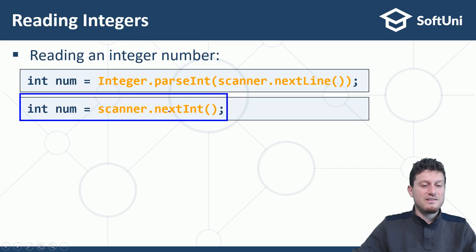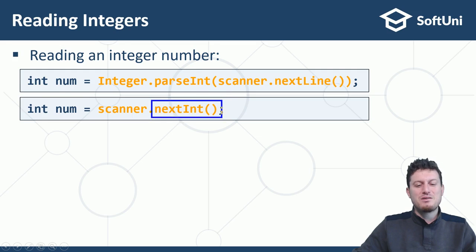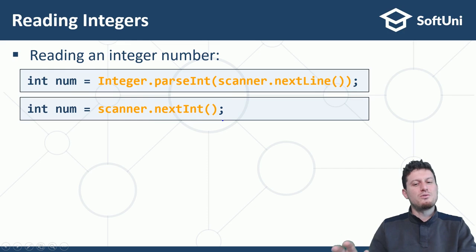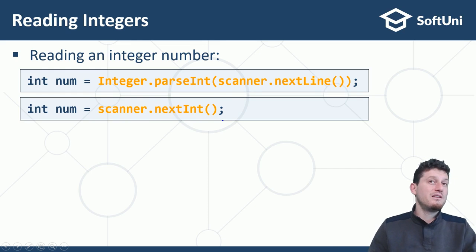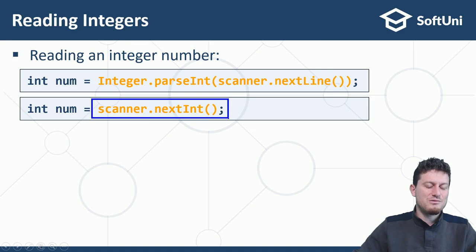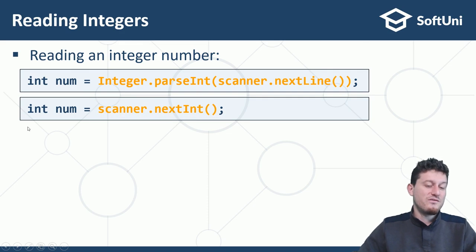But using nextInt, nextFloat and similar might not work like you expect, because they are reading token by token, and if you want to combine reading lines and ints, it might run incorrectly. Be warned. But generally the second way to read integers is shorter, so it's recommended in most cases.